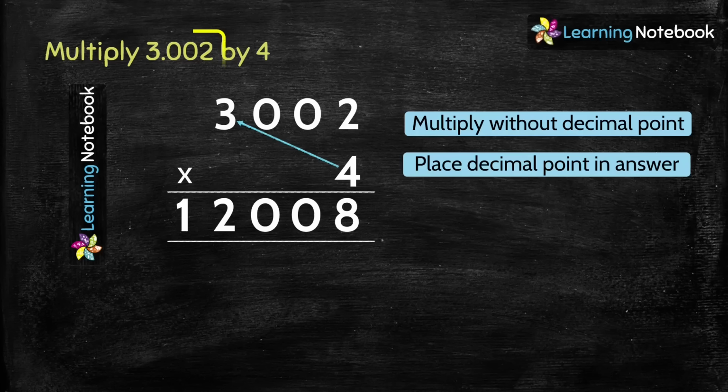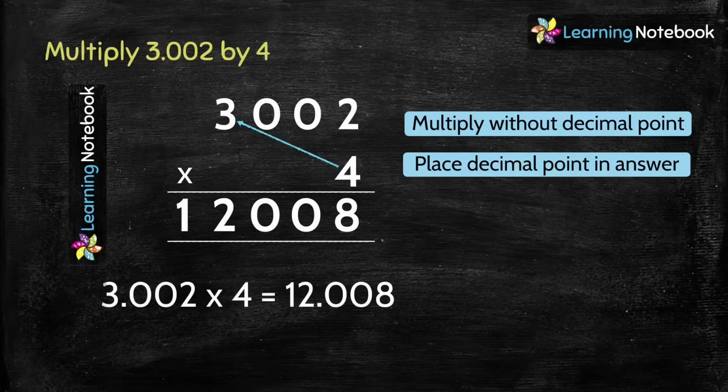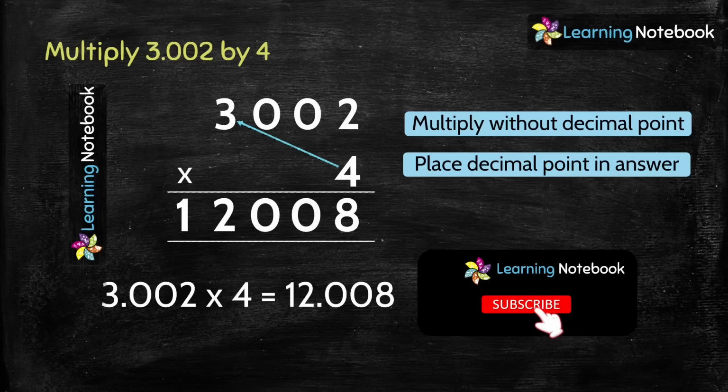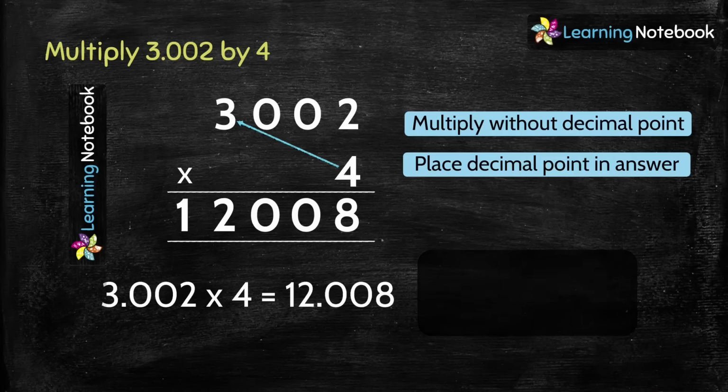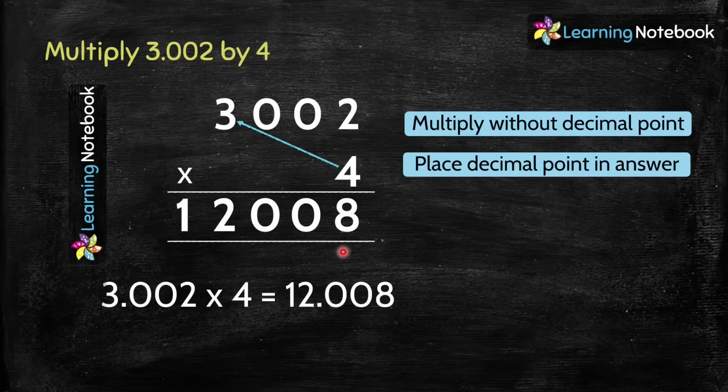Given decimal number has 3 decimal places, so product will also have 3 decimal places. So make sure that you count from right. 1, 2, 3 and then put the decimal point. So we get the answer as 12.008.